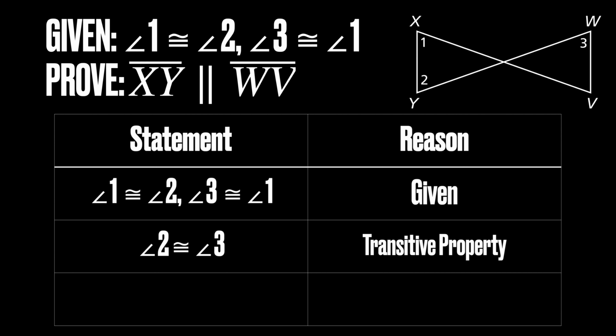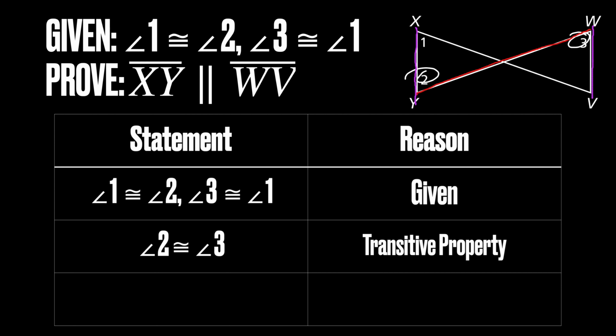And if angle 2 and angle 3 are congruent, well, let's see. There is a transversal right here. And we have two lines right here. So what is the relationship between those?